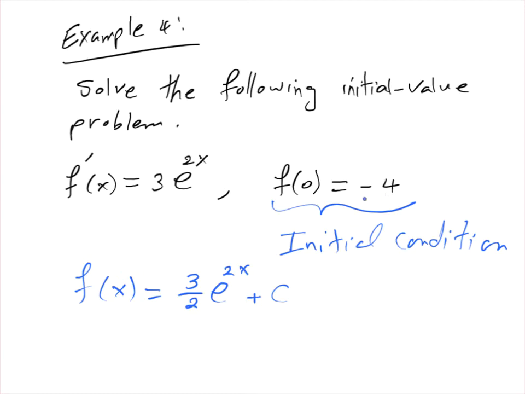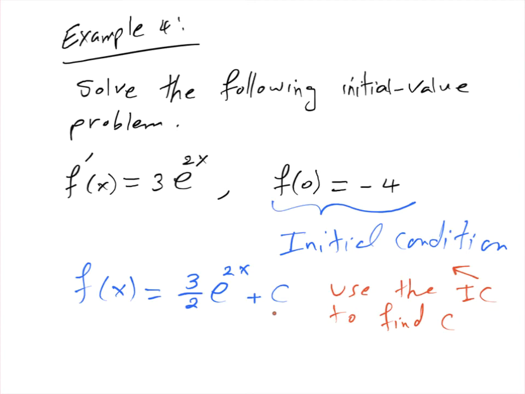Now, we use the initial condition to find c. When you have an initial condition, the answer to this problem is unique. You only get one particular answer, not infinitely many based on anything you can plug in for c.